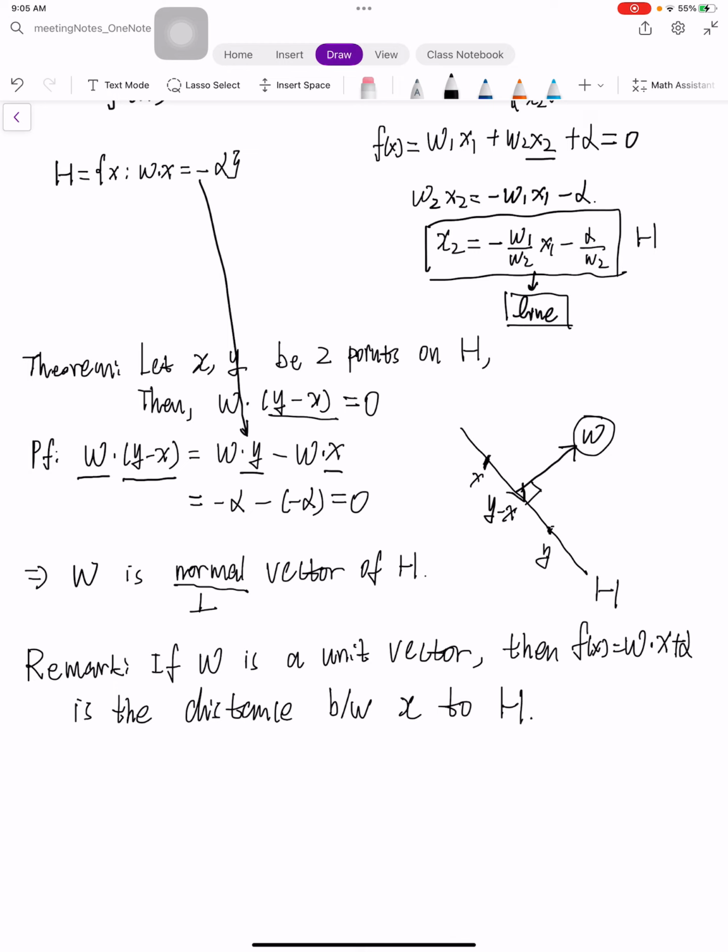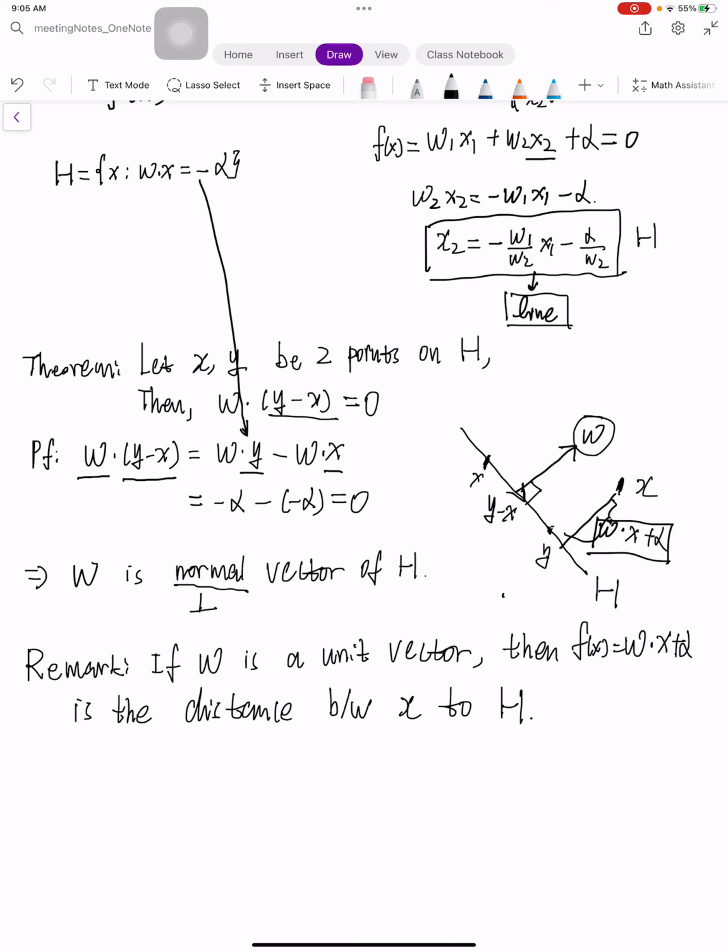For example, if we have a point not on the decision boundary, suppose this is the x here. What's f(x)? Omega inner product with x plus alpha is just this distance. If it's above the decision boundary, it's positive.